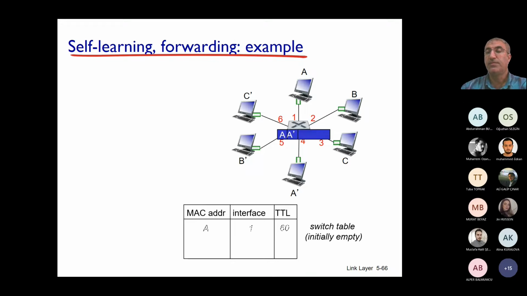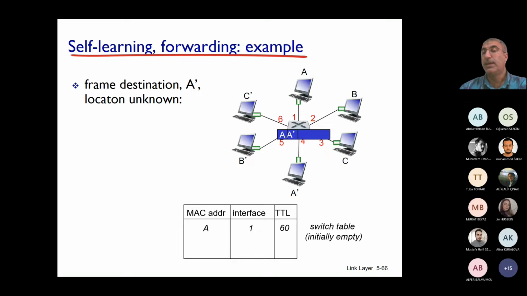The switch receives the frame and records this entry: the frame comes from MAC address A through interface 1 and TTL 60. But the destination is A prime, and because this is the first time, the switch doesn't have information about A prime.